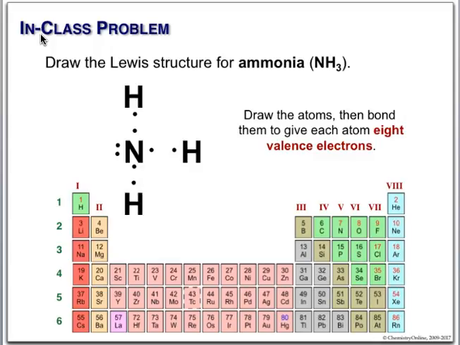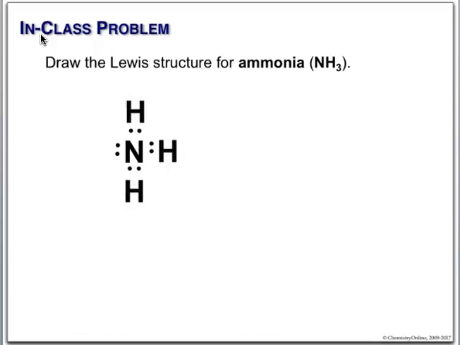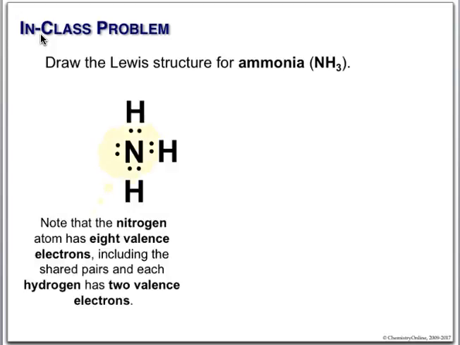These 2 pair, these 2 pair. And so we wind up with a nitrogen that has 8 electrons around it, and each hydrogen has 2 electrons around it. This is ammonia.